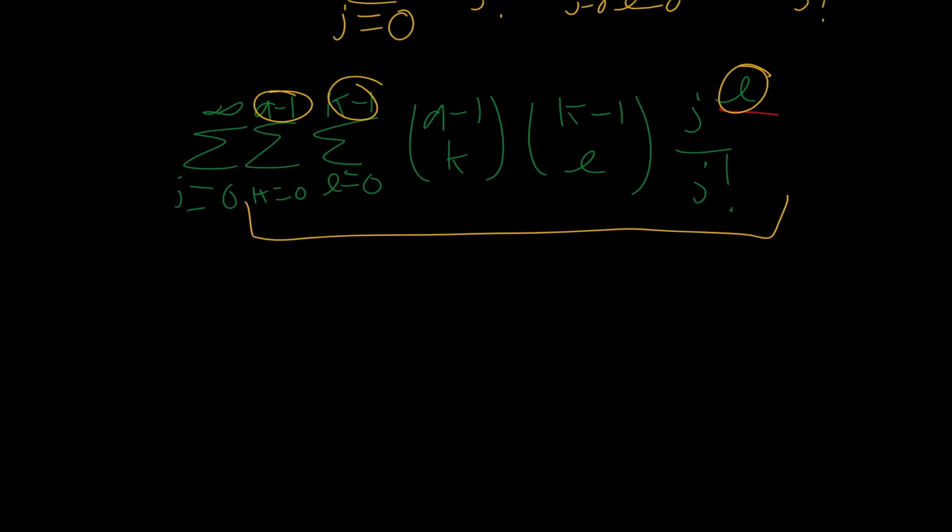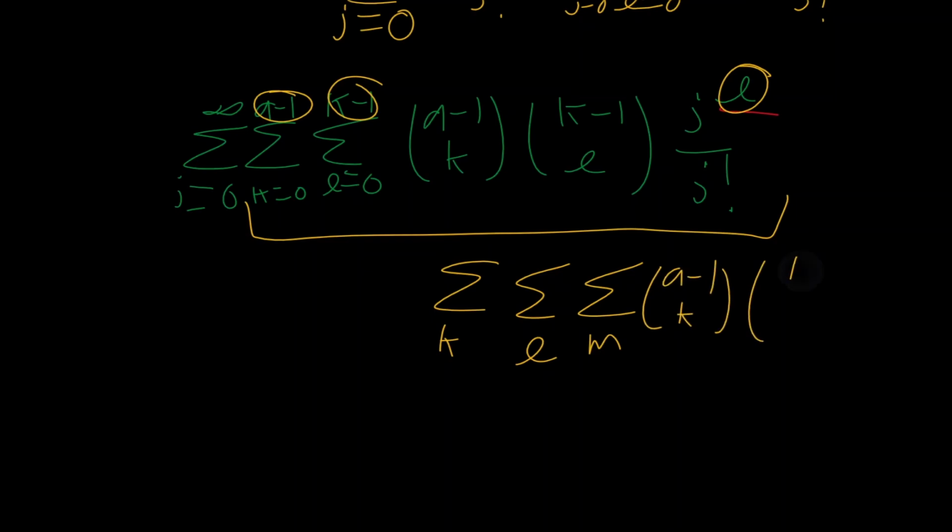So what we end up with is a bunch of sums over everything but j: our sum over k, then our sum over L, then our sum over m, and so forth. We're also going to have our appropriate choose functions inside them: a minus 1 choose k, then k minus 1 choose L, and the pattern just continues.